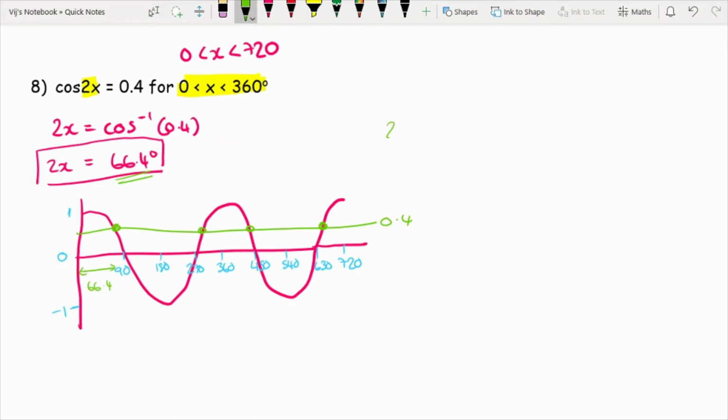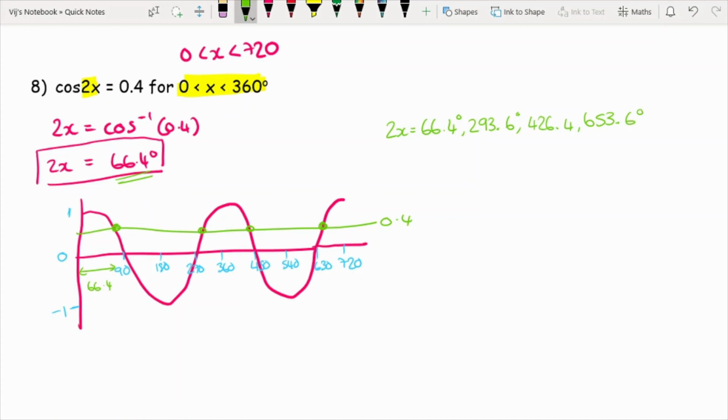So 2x is going to be equal to 66.4, and the other respective angles are going to be 293.6, 426.4, and 653.6.